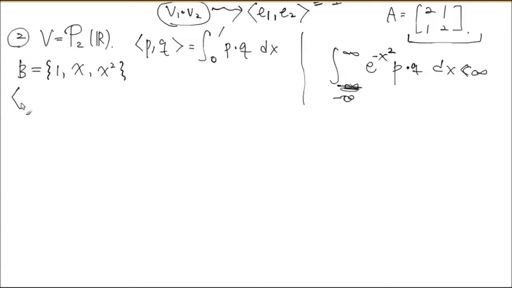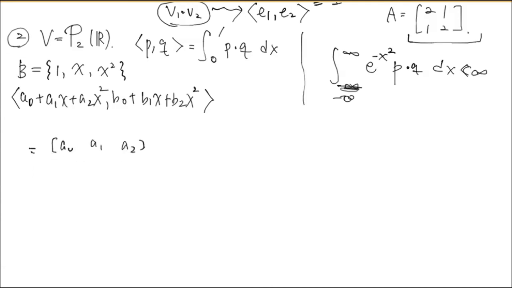So what is the inner product of a0 + a1 x + a2 x squared with b0 + b1 x + b2 x squared? That's the inner product, right? You're going to do all that, and the bottom line is that the coordinates a0, a1, a2 go there, and the other coordinates b0, b1, b2 go there, and there will be some matrix.